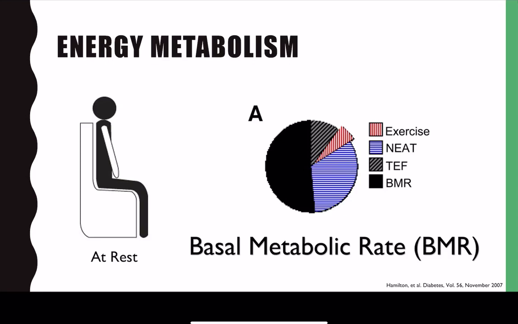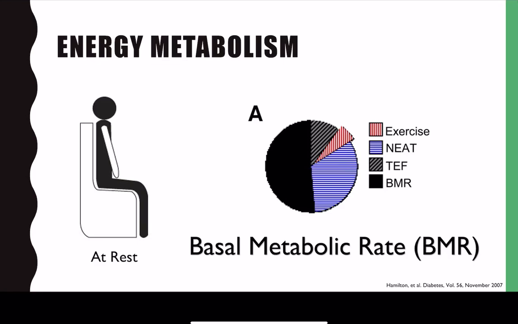So the development of neurotransmitters and the pumping of ions across membranes. That is the energy of basal metabolic rate. Basal metabolic rate takes about 60 to 75% of our total energy expenditure.